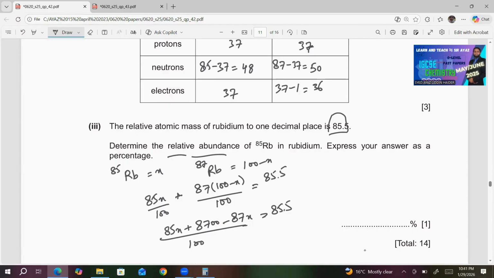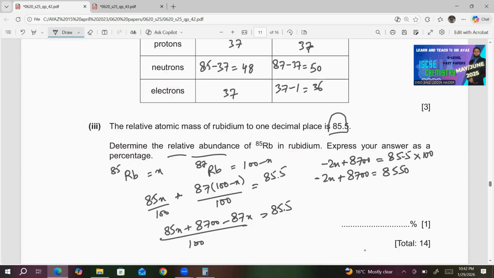So we will get minus 2X plus 8700, which is equal to 85.5 multiplied by 100. This will become minus 2X plus 8700 is equal to 8550.